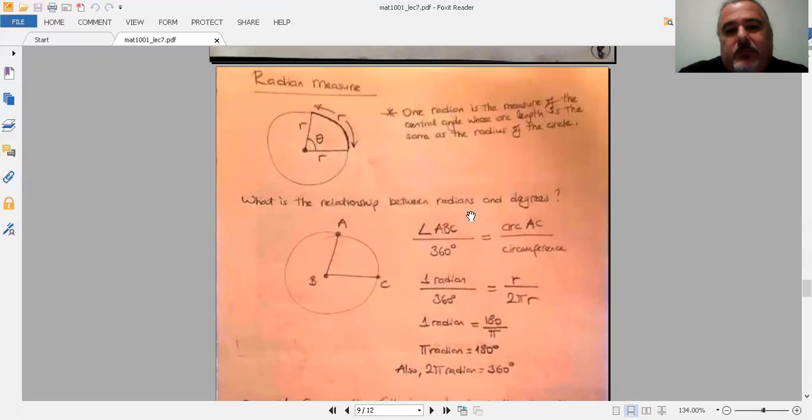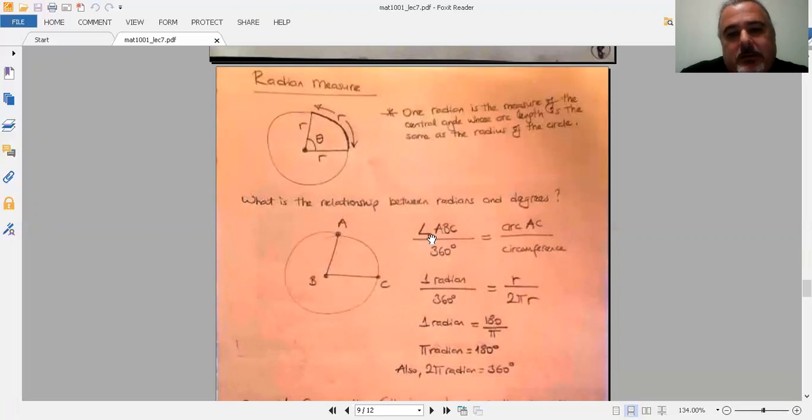What is the relationship between radians and degrees? Here, this is angle ABC. Angle ABC over 360 degrees is equal to this arc AC, this length, over the circumference.